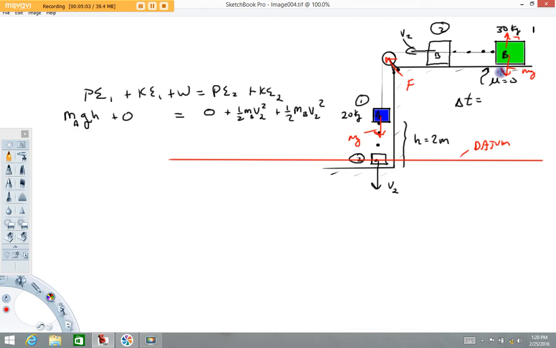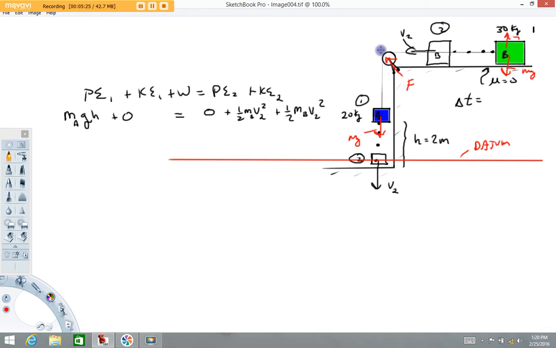The mg on this part of the system is not doing any work because it makes a right angle to the velocity. Same thing with the normal force. So there's no work term for either of these two forces. This force, this capital F, the force that the pulley exerts on this rope, there's no work term for that because the pulley's not moving.